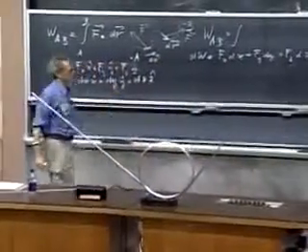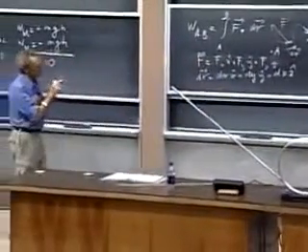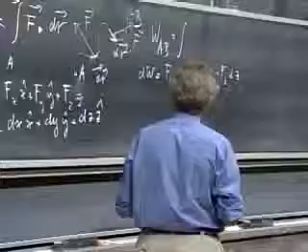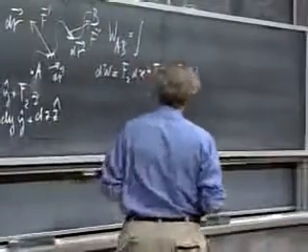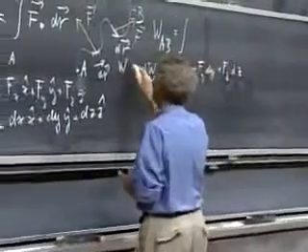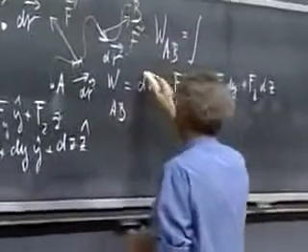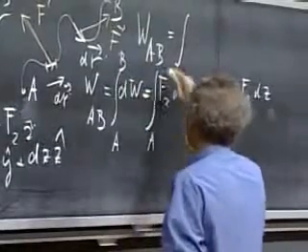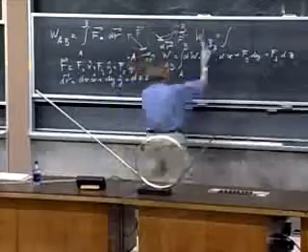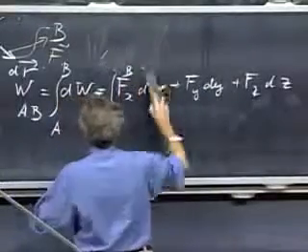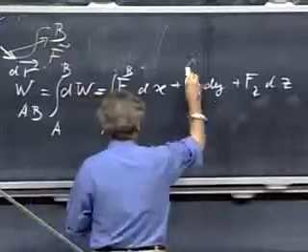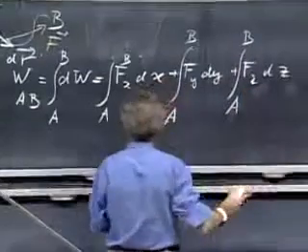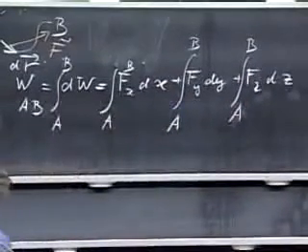That is a little bit of work if the force is displaced over a distance dr. Now I have to do the integral over the entire path to get W from A to B. That's an integral going from A to B, integral going from A to B, integral going from A to B. Now we're home free because we already did this.